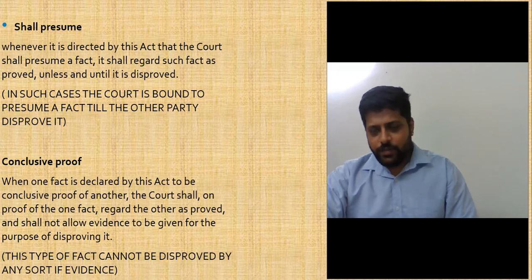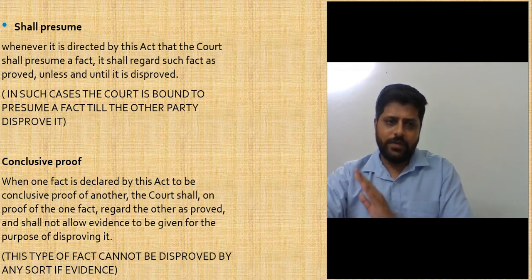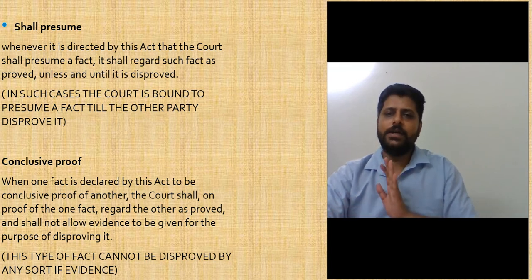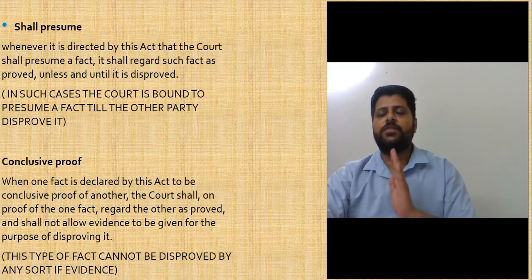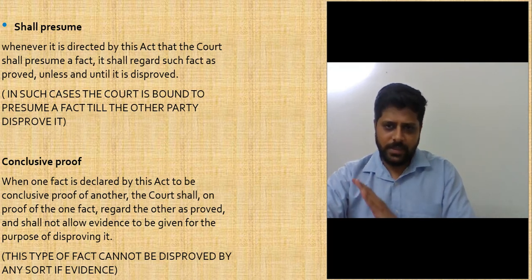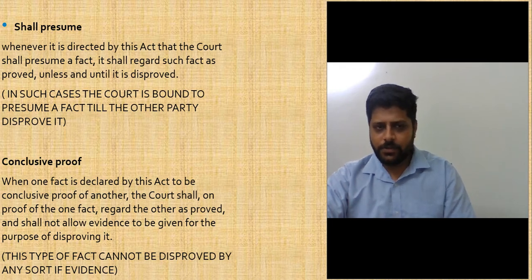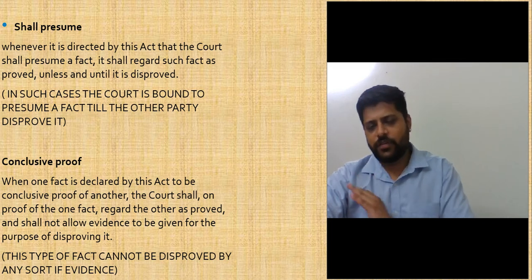Now, conclusive proof says that once the fact has been proved by this Act, the court will not consider any further evidence to disprove this particular fact. Why? Because this fact has been proved, and there is no need to give evidence related to it. These types of facts cannot be disproved by any sort of evidence.